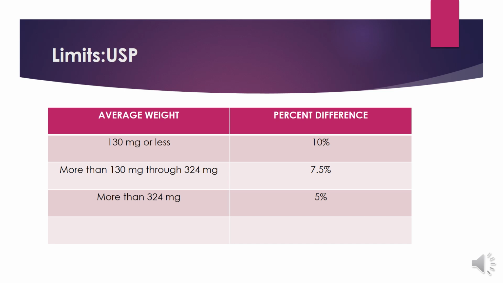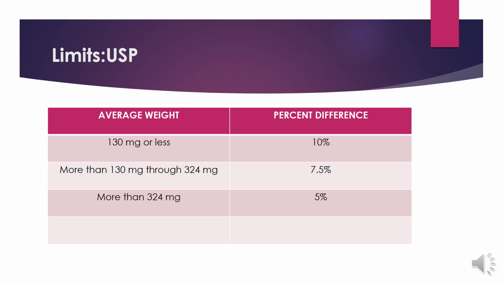USP allowed limit for the deviation, or the percentage up to which the variation is allowed. Means if your average weight is 130 mg or less, whatever tablets you have weighed and calculated the average, and if that average is 130 mg or less, then according to USP, the allowed limit of variation is 10%.